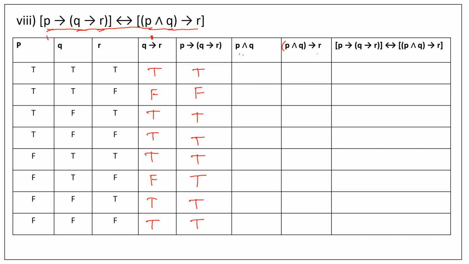Next column, P and Q. In AND, that is in conjunction, only TT is T, otherwise it is false. So in this P and Q, this is TT, this is TT. So first two will be true, for others it is false. Okay.